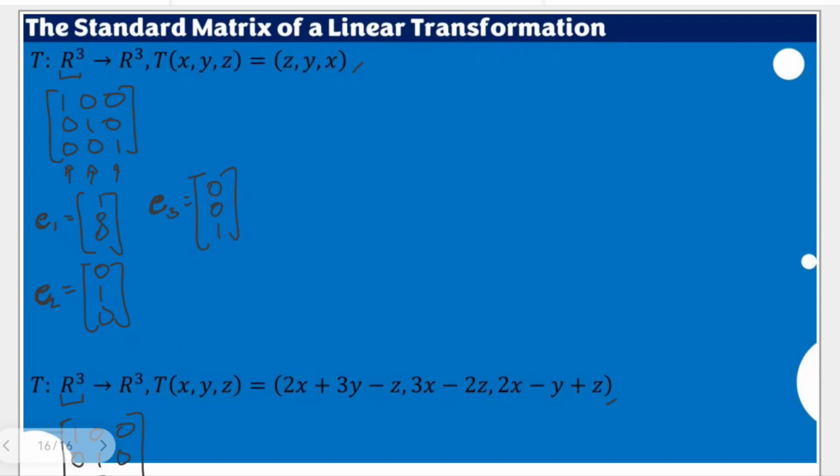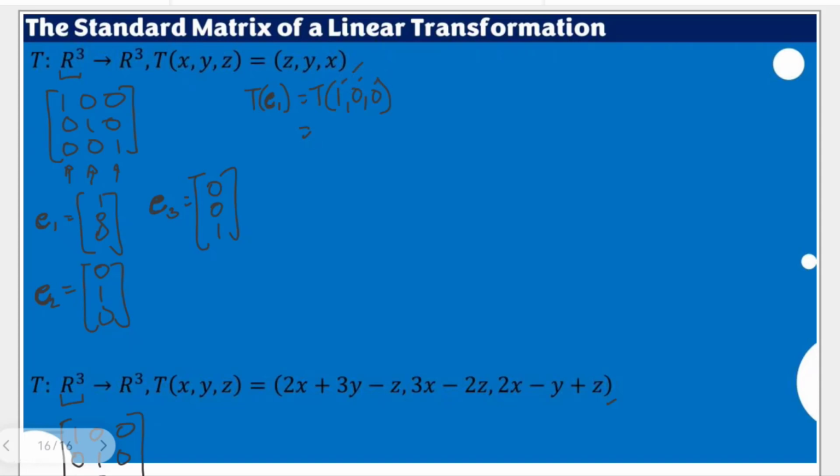What we need to do here is to take the linear transformations using the three vectors and combine them into an augmented matrix to solve for the standard matrix of the said linear transformation. So we have here the linear transformation of the first vector, 1, 0, and 0, meaning x is 1, y is 0, z is 0.